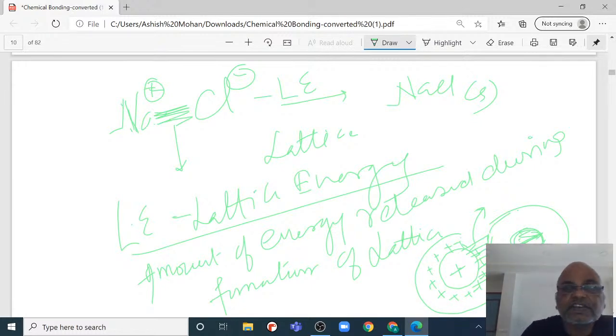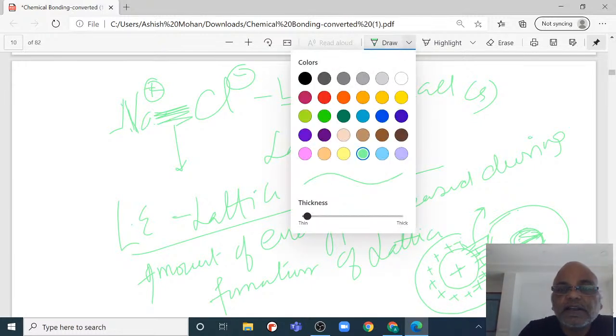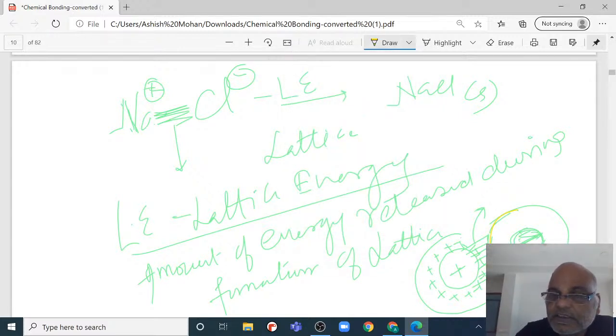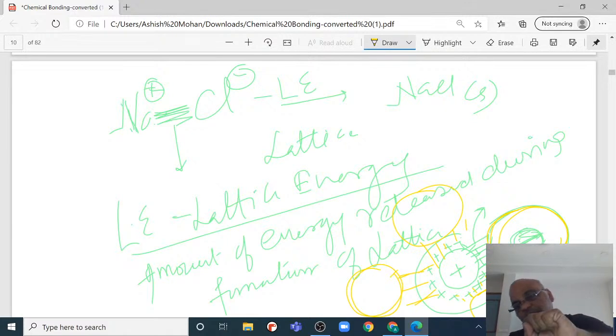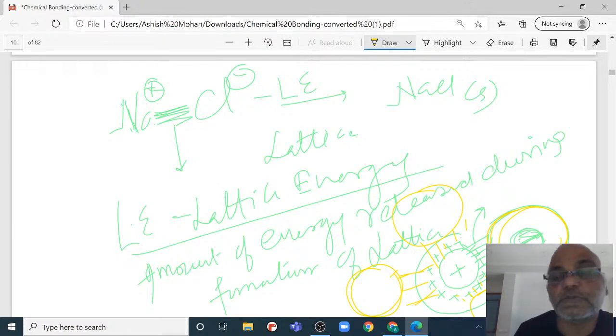It can attract some other chloride ion and form a bond with it, so it can hold more than one chloride ion together. One will be above this plane, another at the back of this plane.